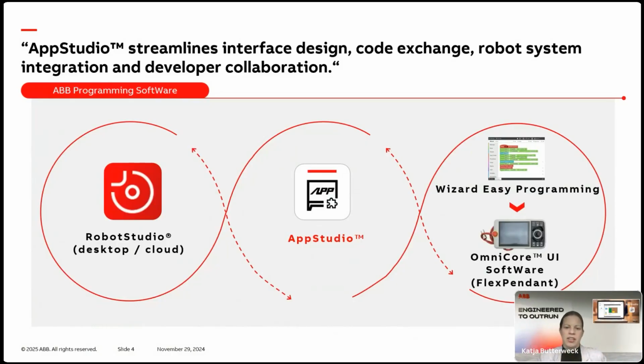In this trio, we now added the AppStudio on top, which is standalone software. You can download it, and it's running on Windows devices so far. You install it on your PC, and you can connect it on one hand with the Robot Studio, but on the other hand also with the real robot, and at the end show the result also on the Flex Pendant.